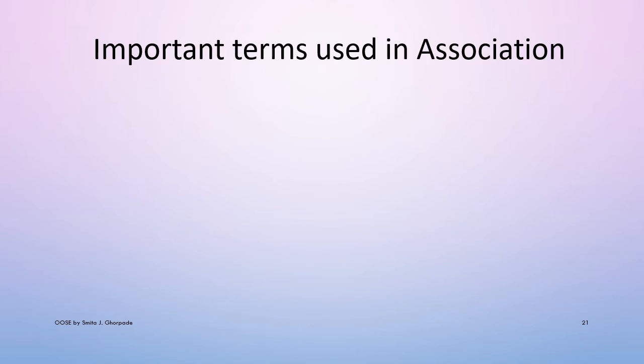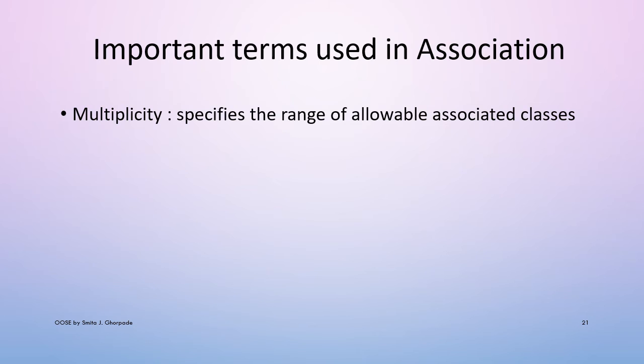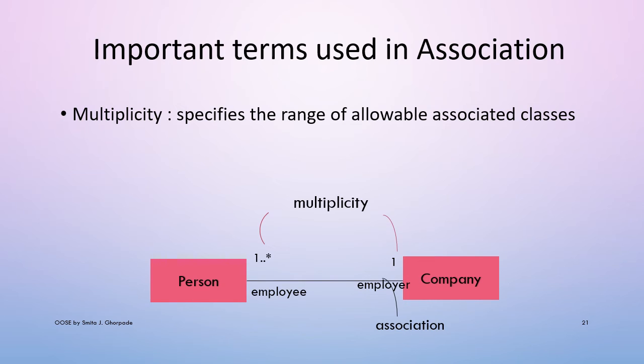One more important term used with association is multiplicity. Multiplicity specifies the range of allowable associated classes, or we can say multiplicity shows the mapping cardinality among the classes. Person and company are two classes.